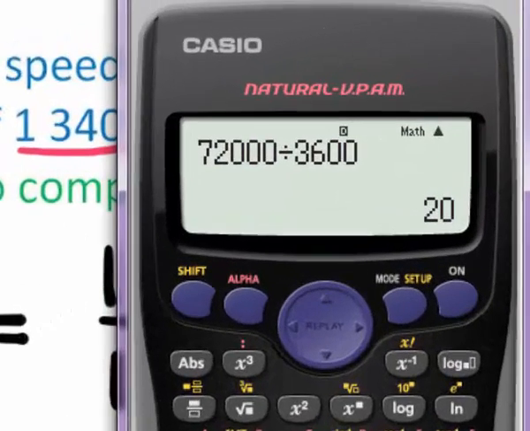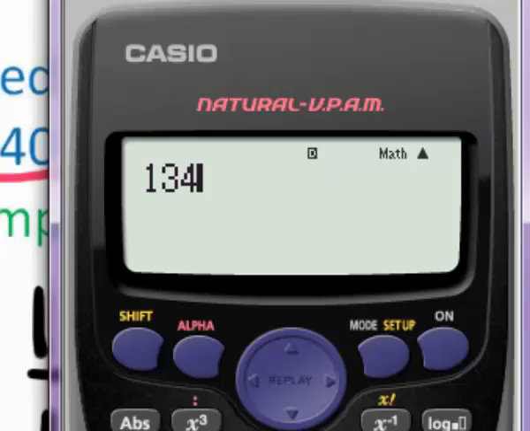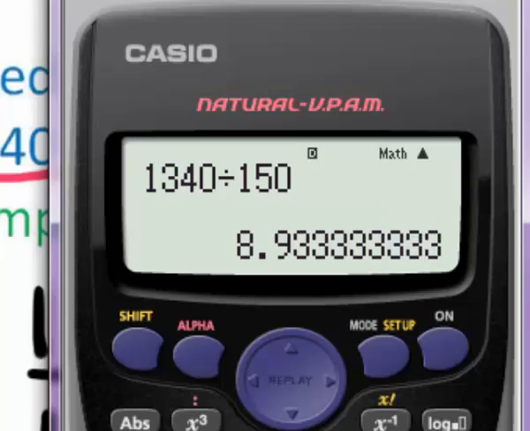Okay, so we're going to need our calculator to do that. So we've got 1,340 and we have to divide that by 150. Let's see what that gives us. Right, change it to a decimal. So on your decimal it is 8,9333, in other words 3 recurring. If we have to do it to 2 decimal places, which is often your instruction, then we look at our third position over here.